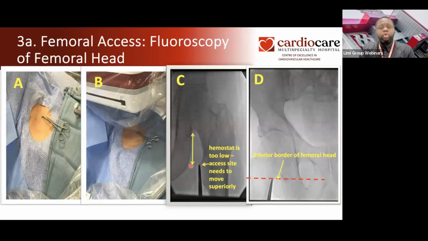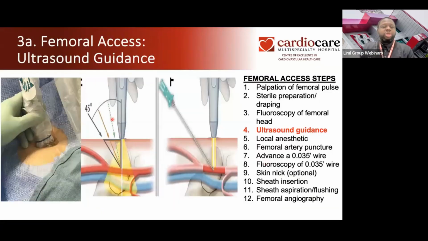If you puncture too low, when you want to compress after the procedure, there will be nothing to compress against. The patient can bleed and bleed into the thigh. And if you go too high, you're into the abdomen, and the patient will bleed into the abdomen. So you want to be at a good position around the femoral head where you can have space to compress against.